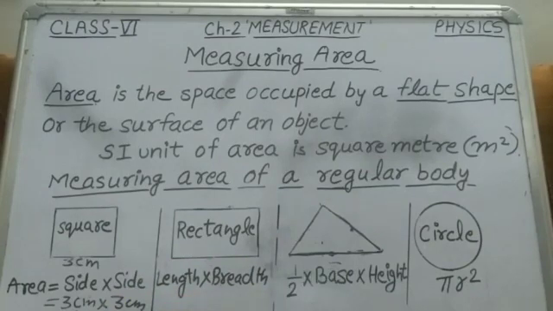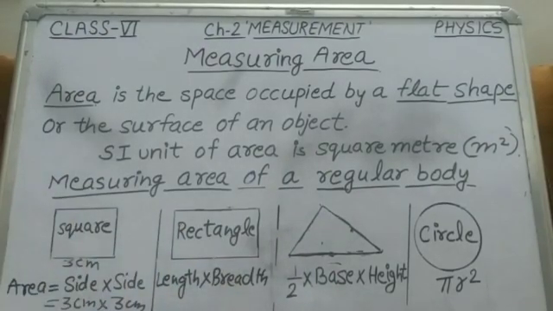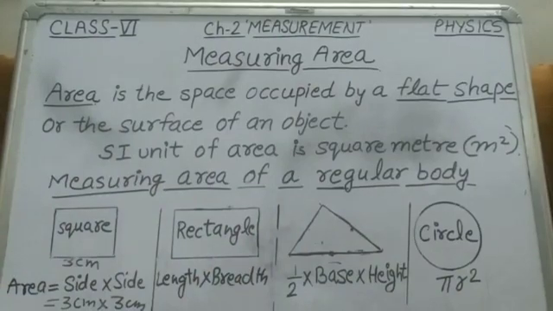The value of pi is approximately 22 upon 7 or 3.14. Okay, so area of circle is equal to pi r square. These are the formulas for these regular bodies.